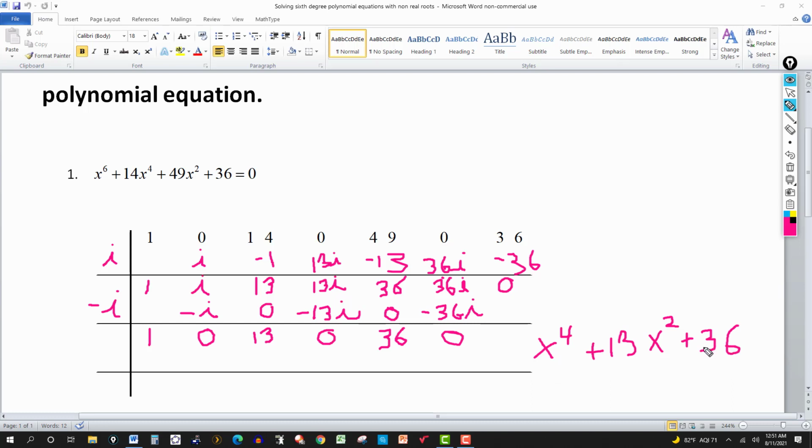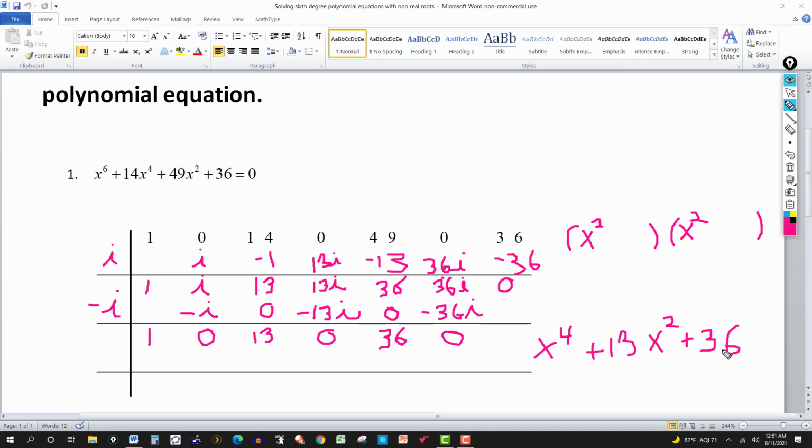Okay, now we have a trinomial. Can we factor this? The x to the 4th here can be broken down into x squared times x squared. So it's like a regular trinomial here. Instead of a quadratic, it's a 4th degree. Now let's look for factors of 36.